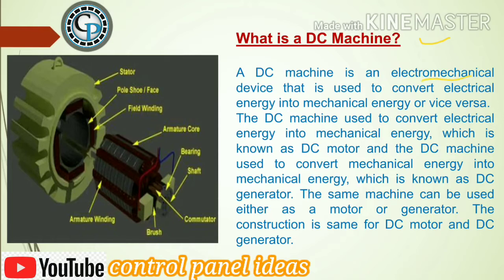A DC machine is an electromechanical device that is used to convert electrical energy into mechanical energy or vice versa. The DC machine used to convert electrical energy into mechanical energy is known as a DC motor, and the DC machine used to convert mechanical energy into electrical energy is known as a DC generator.